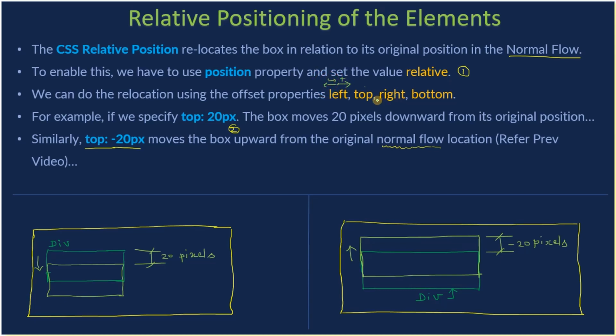Same goes for right and bottom. So what you have to know here is, this is the normal flow location. From this location we specify the relative location. There are two parameters, position relative. Then we can use top, left, right, bottom attributes.